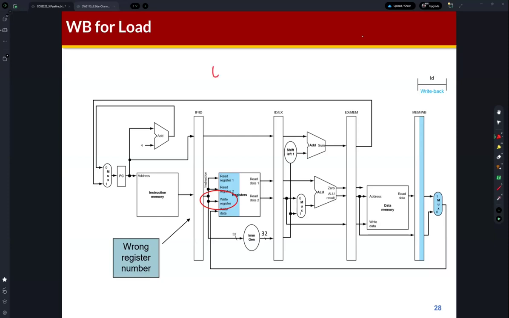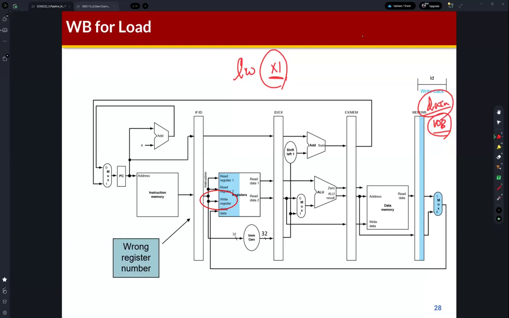Let us assume that this is the load word, X1. Okay, the destination register is X1. The final result of this X1 will be produced in the write back stage. So the data is in the write back stage.